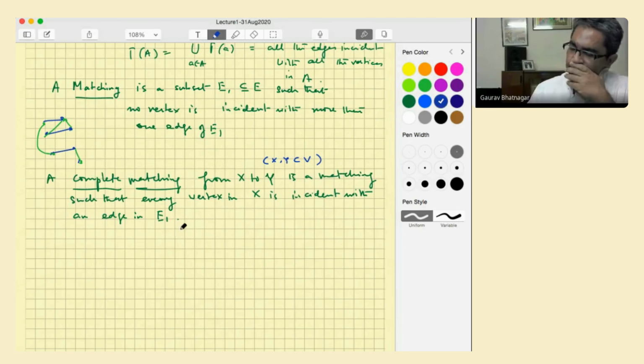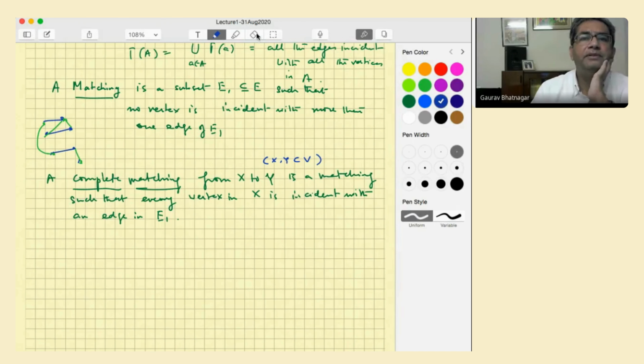In fact, we are taking V equal to X union Y. So this is restricted to a bipartite setting. This matching notion works for any graph, but think of this only for bipartite graphs.